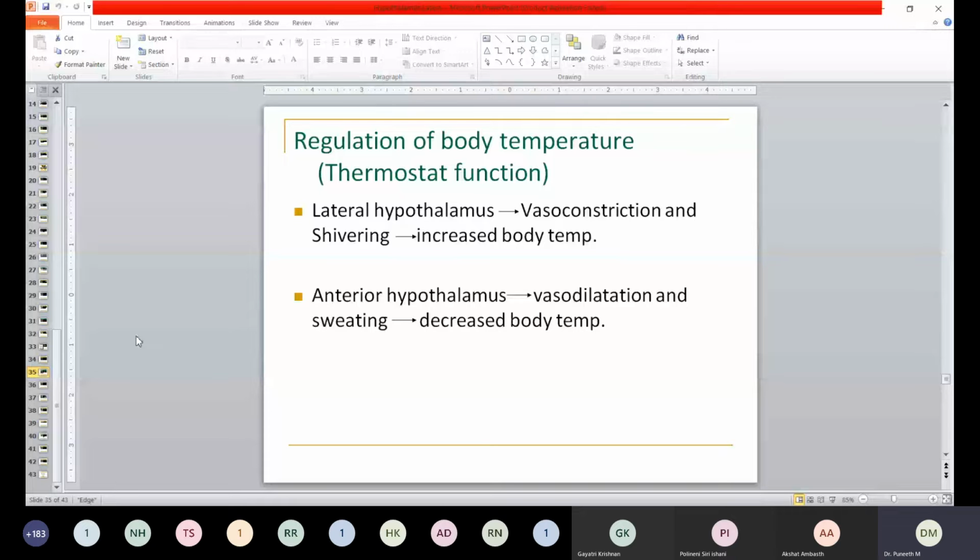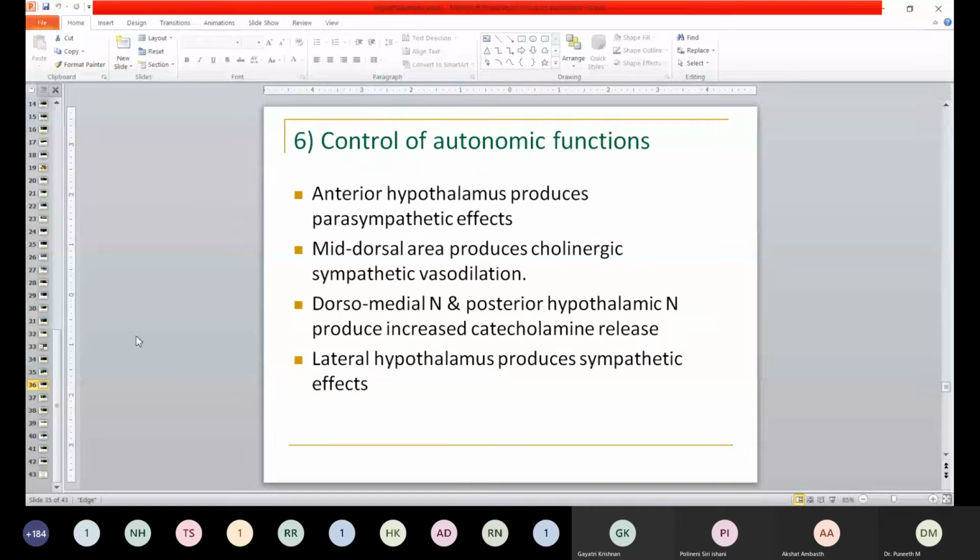With more blood flow to the skin, there is more exposure of blood to the surrounding environment so that the heat is dissipated out of the body. And one more mechanism is sweating. So these two changes happen in increased temperature, mainly under the control of the anterior hypothalamus. So that, temperature, was the 5th function.